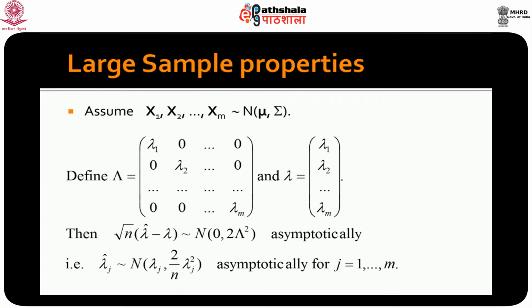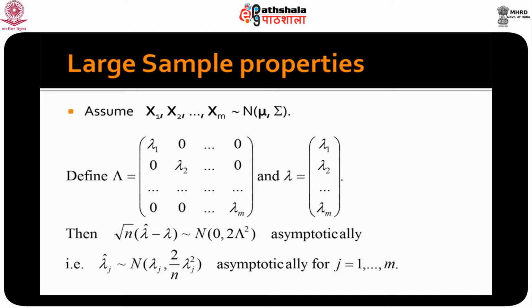So let us assume x1 to xn are a sample from a normal population with sigma having distinct eigenvalues lambda 1 greater than lambda 2 greater than ... lambda m, and of course all of them are positive. Then let us define capital delta as a matrix which is diagonal by nature and which has the lambda j's on its diagonal.